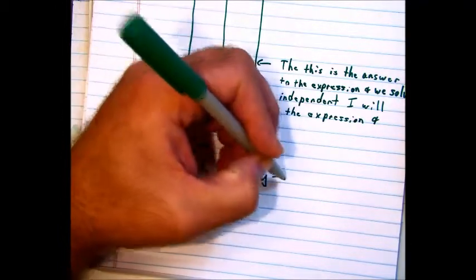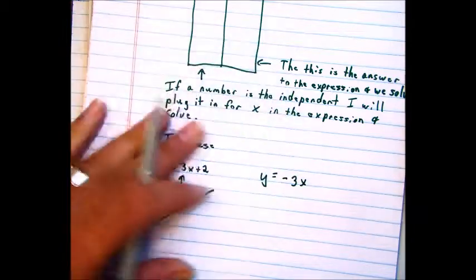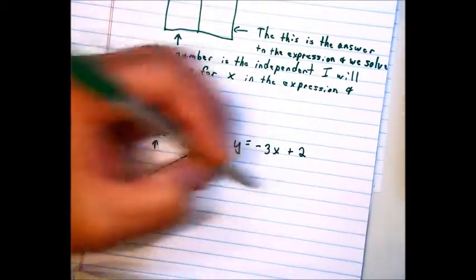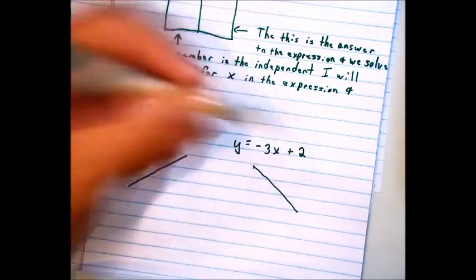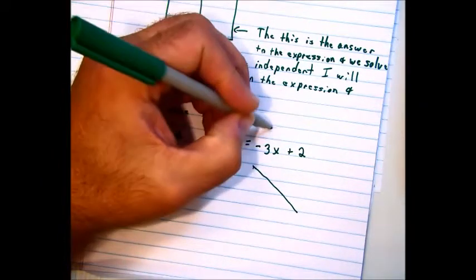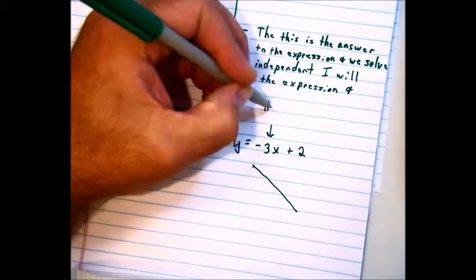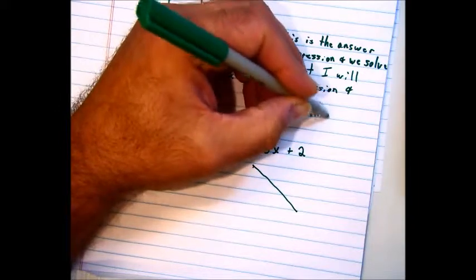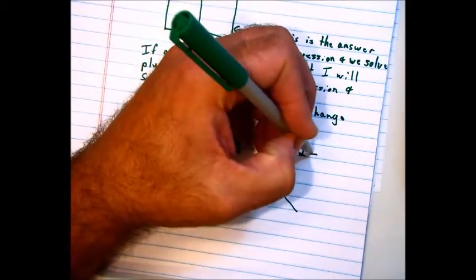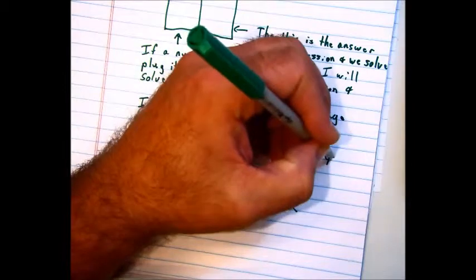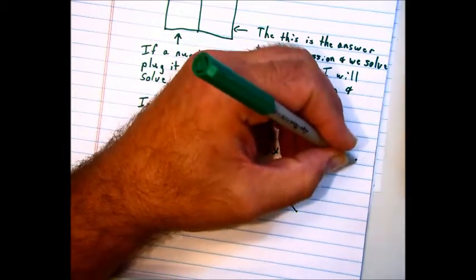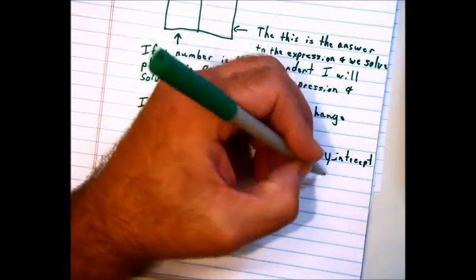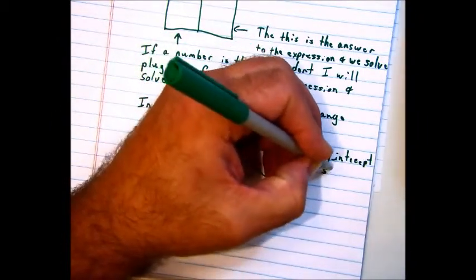If the number in front of x was negative, we would know that it's still a line because it has x, but in this case now it's decreasing. This number is known as the rate of change. And this number is known as the y-intercept. It's also known as where I'm starting. This is my starting point.